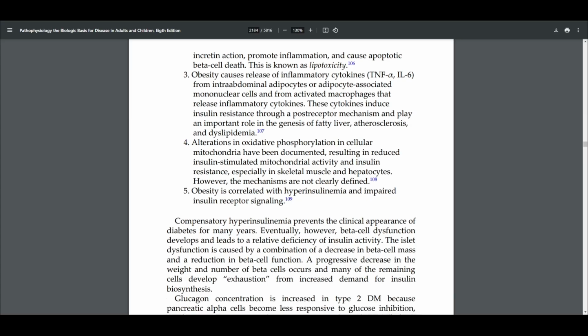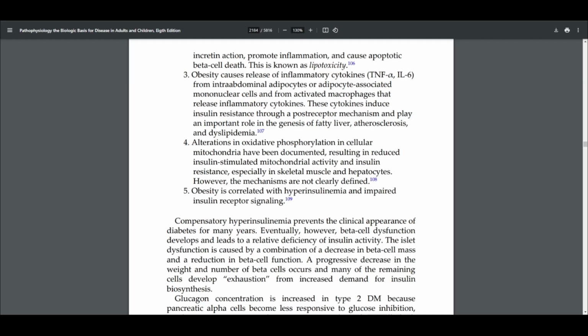Number 3, obesity causes a release of inflammatory cytokines, your tumor necrosis factor alpha and interleukin 6, from intra-abdominal adipocytes or adipocyte-associated mononuclear cells, and from activated macrophages. These cytokines induce insulin resistance through a post-receptor mechanism and play an important role in the genesis of fatty liver, atherosclerosis, and dyslipidemia.